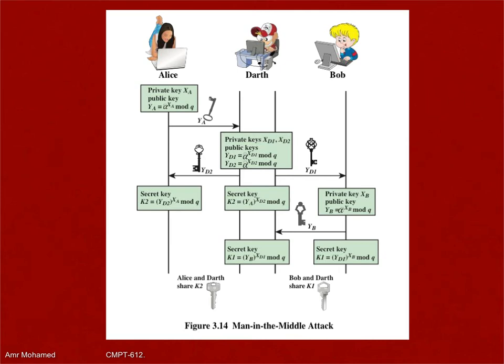Right. So we have to have some authentication technique, not necessarily a token. We have talked about many of these before. So we need to have message authentication and or user authentication.